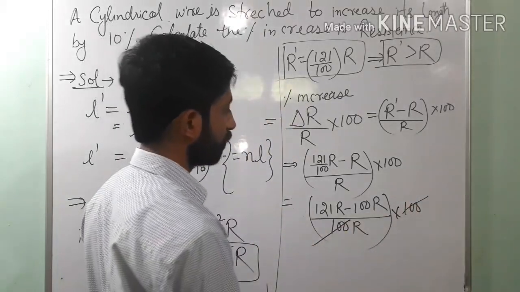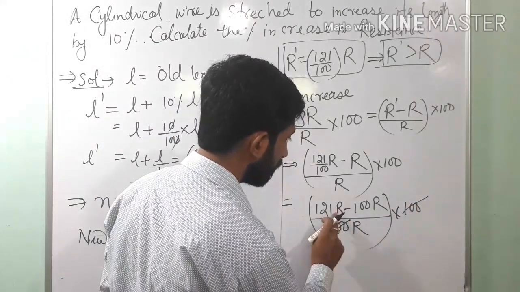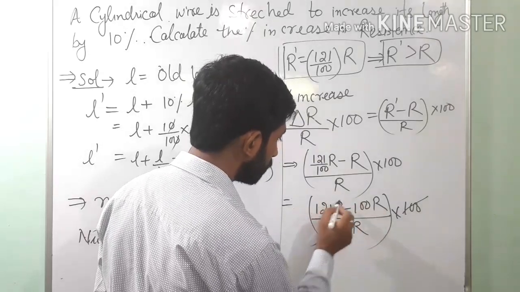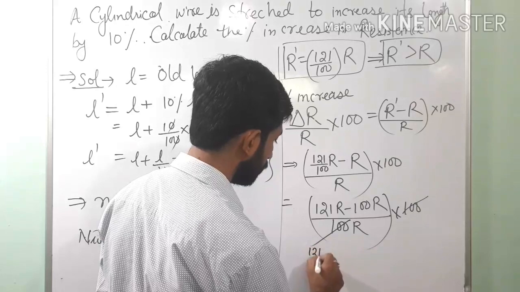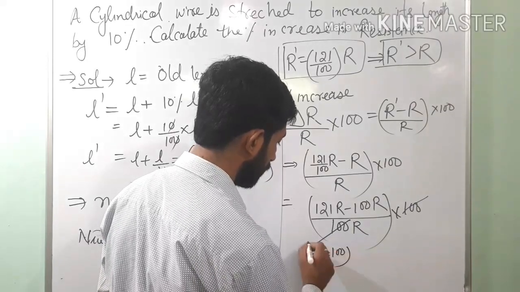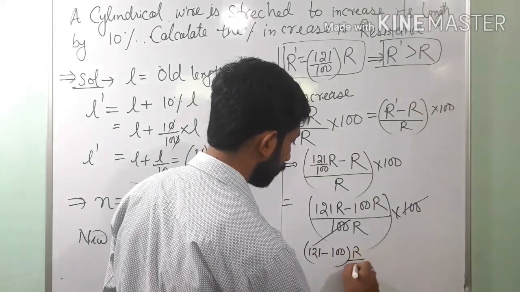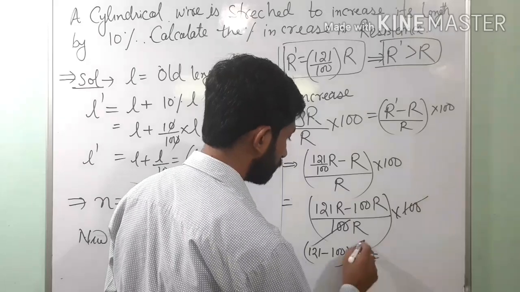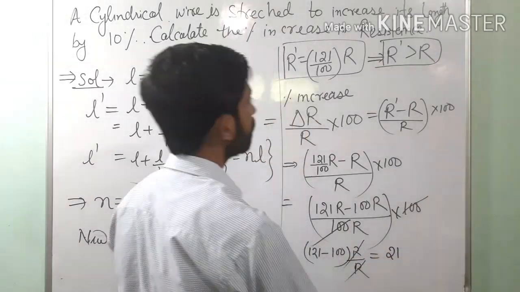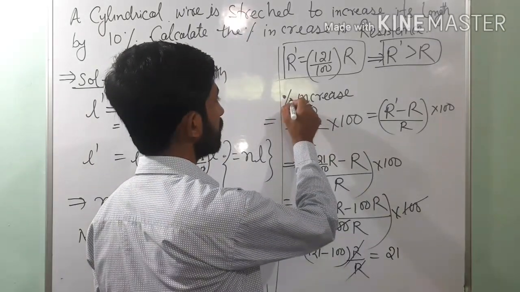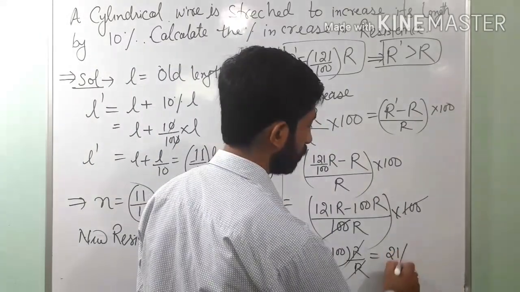R and this R are common in the two terms, and that will be cancelled. That is 121 minus 100 into R over R, this R cancels. So finally the percentage increase is equal to 21%.